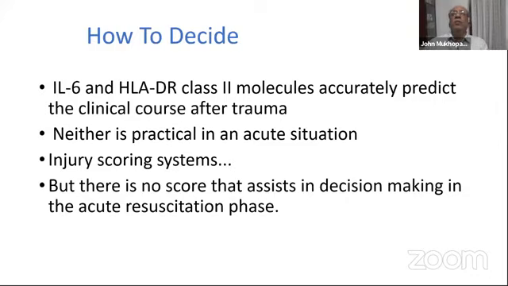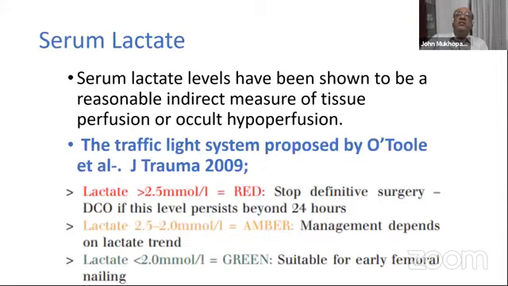However, these are not practical in an acute situation. They're not available everywhere. Many of the injury scoring systems do not really tell you about the response to resuscitation that the patient has, and there's no score that assists in decision making in the acute resuscitation phase.